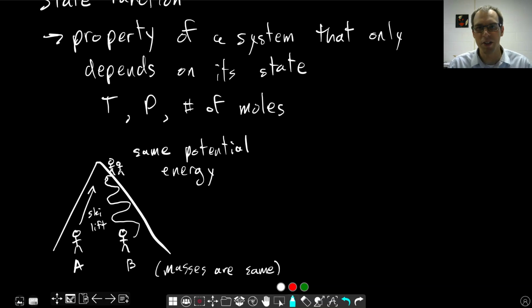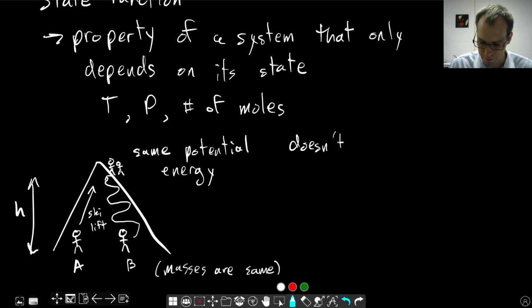What really matters is just how high they are up the mountain. This would be part of their state. How tall is the mountain? We'll call it h for height. That determines the amount of potential energy that they have. It doesn't matter how they got there, so we can say it doesn't depend on path.